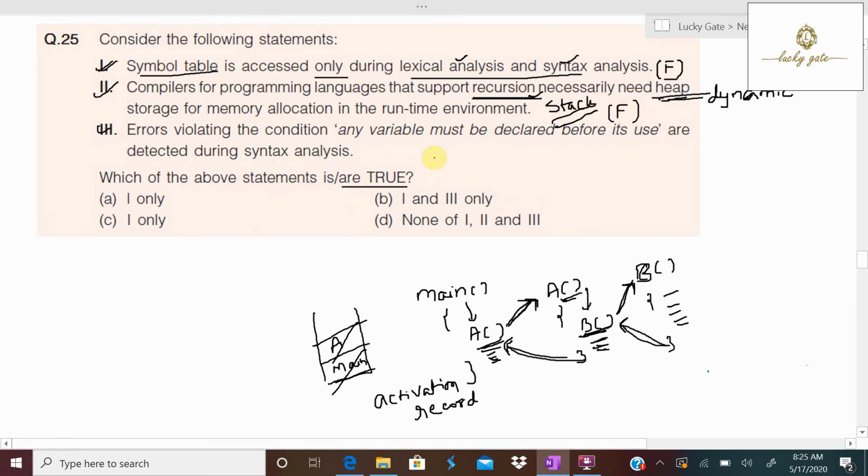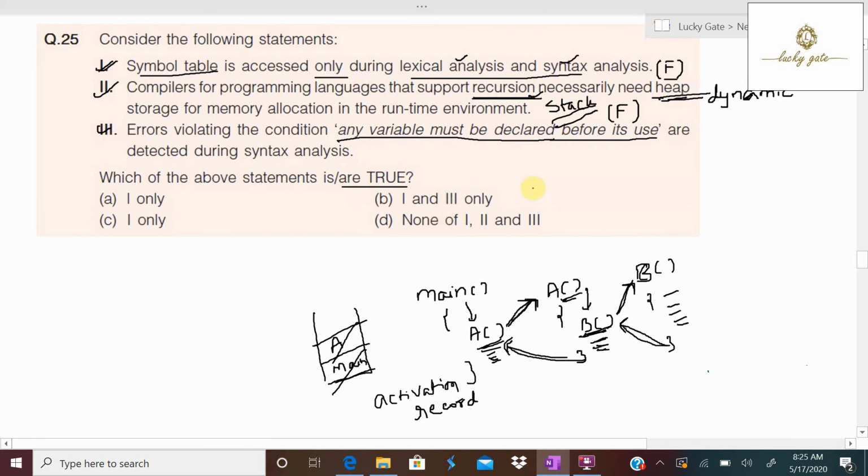Coming to the third one: errors violating the condition that any variable must be declared before its use are detected during the syntax analysis phase.